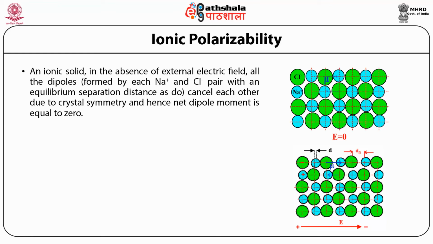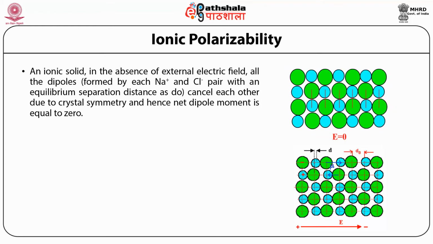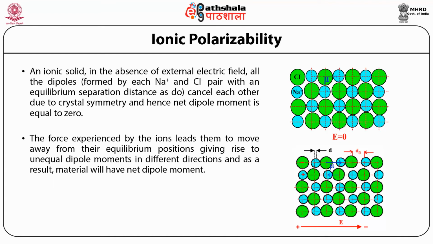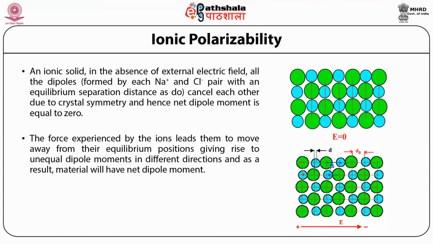Remember, in these solids, no dipole rotation is allowed. However, when a finite field E is applied, the force experienced by the ions leads them to move away from their equilibrium position as shown in this figure, giving rise to unequal dipole moments in different directions, and as a result, the material will have a net dipole moment.